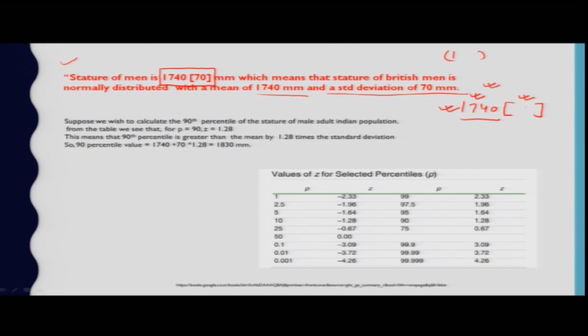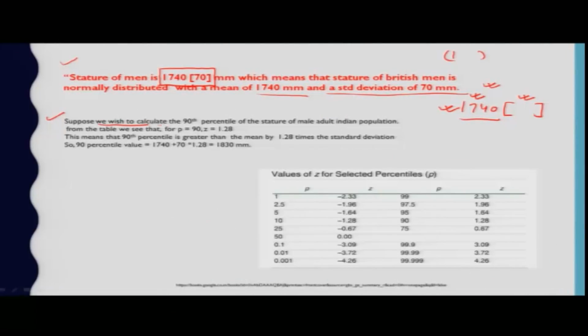Now we will take another example so that a clearer understanding of the calculation of percentile can be developed. Suppose we wish to calculate the 90th percentile of the stature of the male adult Indian population.